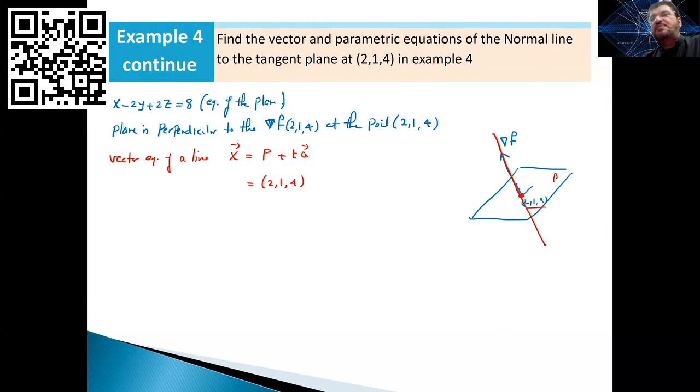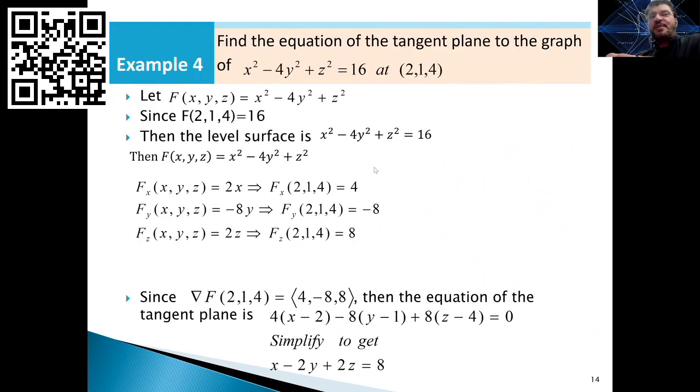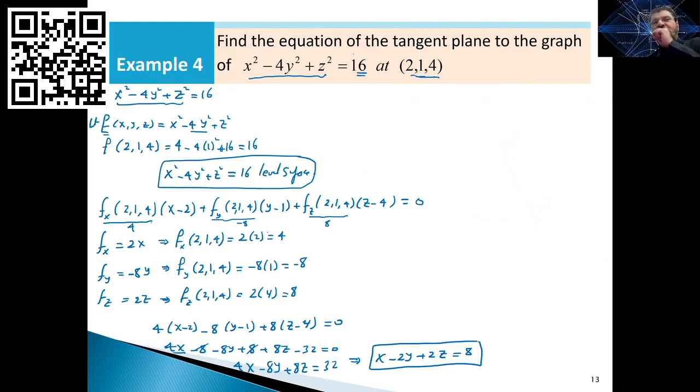I know that this line passes through the point 2, 1, and 4, plus t times A, where A is any vector parallel to the line. We know that the vector that is parallel to the line is the gradient of f. What's the gradient of f? If you go back to the gradient, the gradient of f at the point 2, 1, and 4, we know what this is, remember?